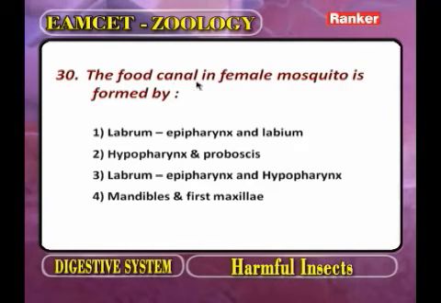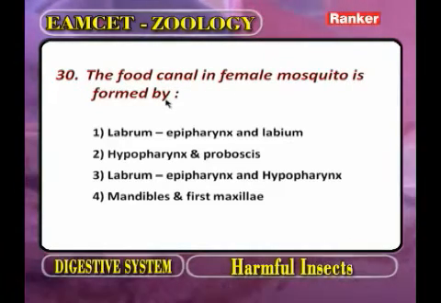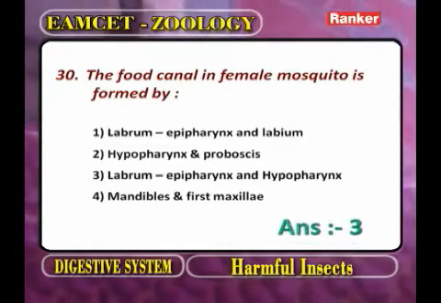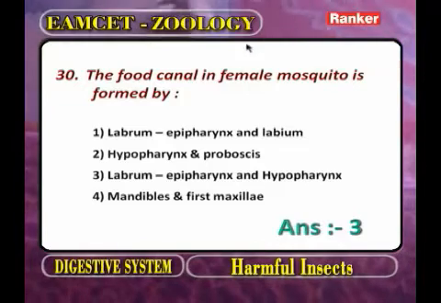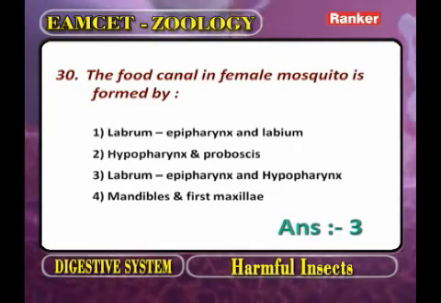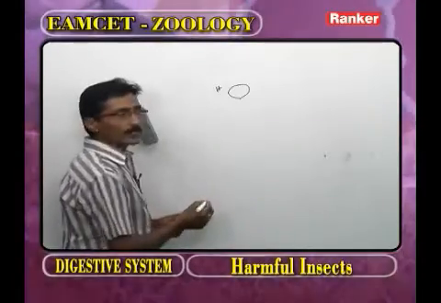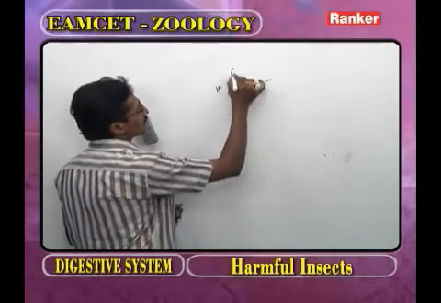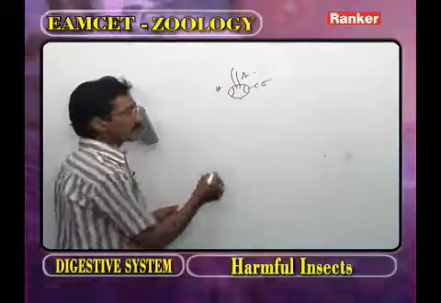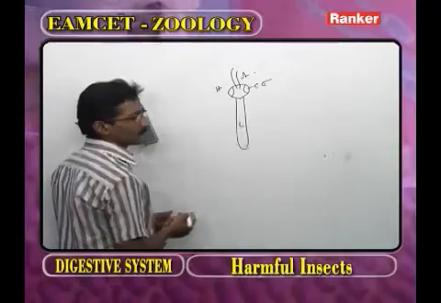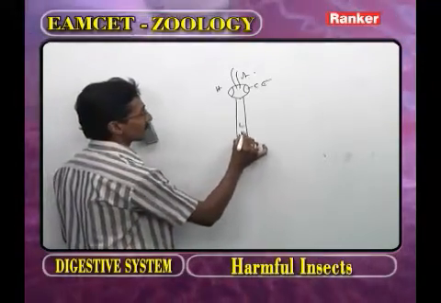The food canal in female mosquito is formed by. Now, as we observe the mouth parts of insects, the question is, the food canal in the female mosquito is formed by. This part we call the head of mosquito. Dorsolaterally, the compound eyes are present. These are called antennae. This one we call the labium or proboscis.